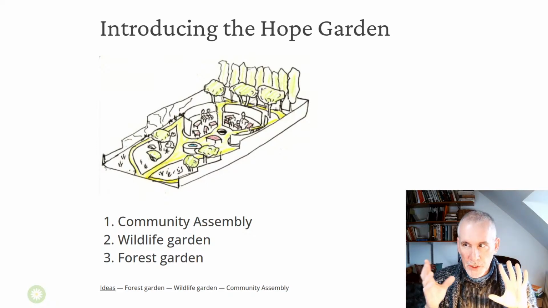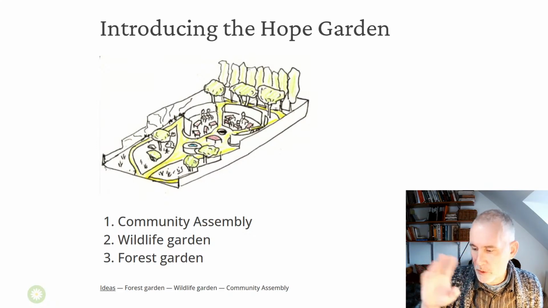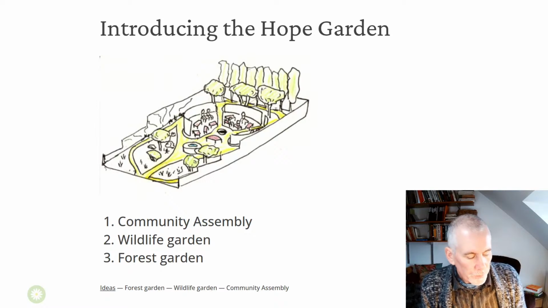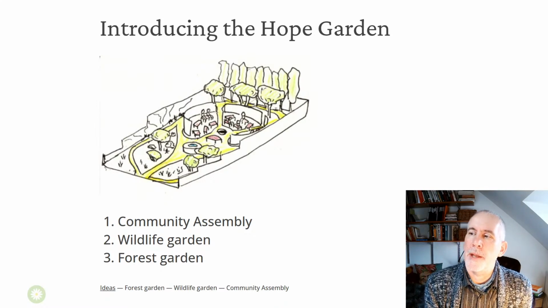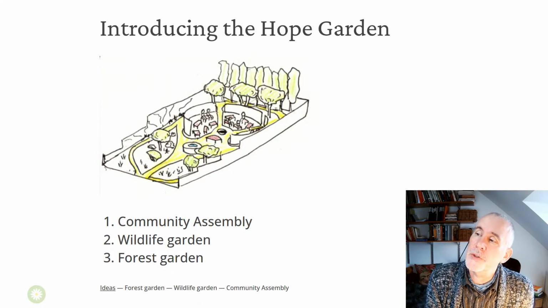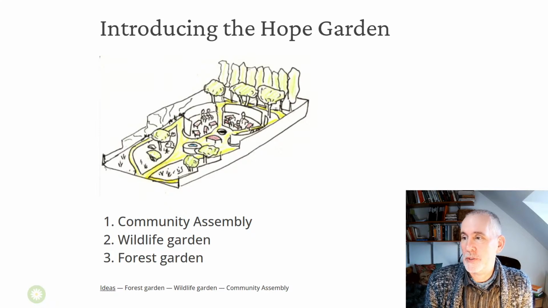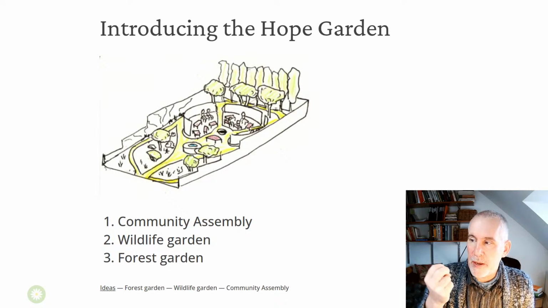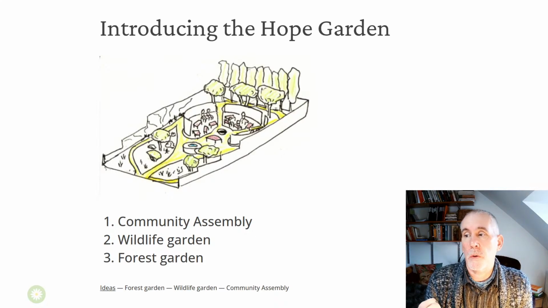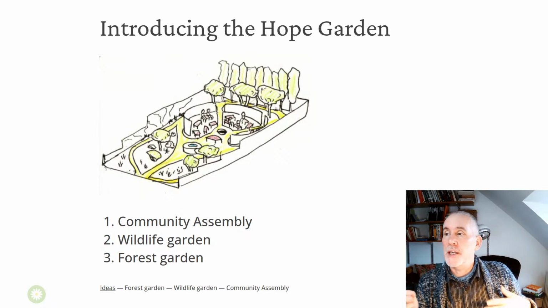So the idea for the Hope Garden, originally, I'll just give you a quick introduction. I've been doing a lot of work with Extinction Rebellion and gardening as well, and I said it would be quite interesting to put a wildlife forest garden into an RHS show, and this is going to be Hampton Court, and the idea of a community assembly.